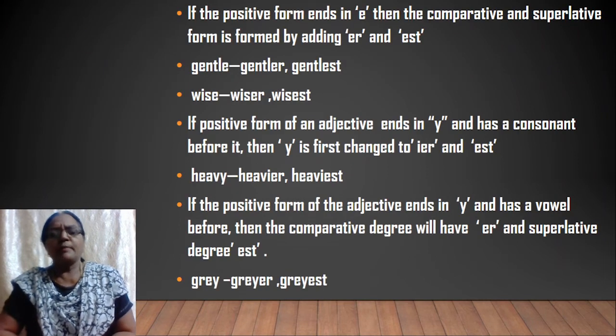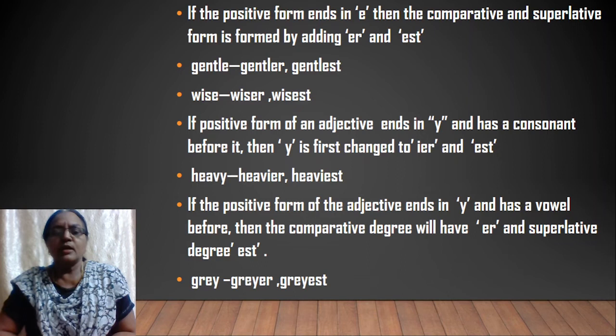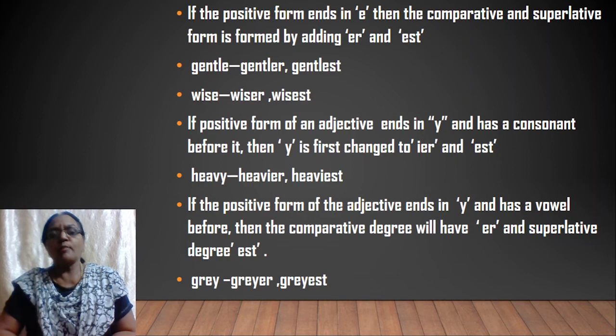So there are many words like these now which do not always follow the rule. For example, look at this here. If the positive form ends in E, then the comparative and superlative form is formed by adding ER and EST. Look at the word gentle.